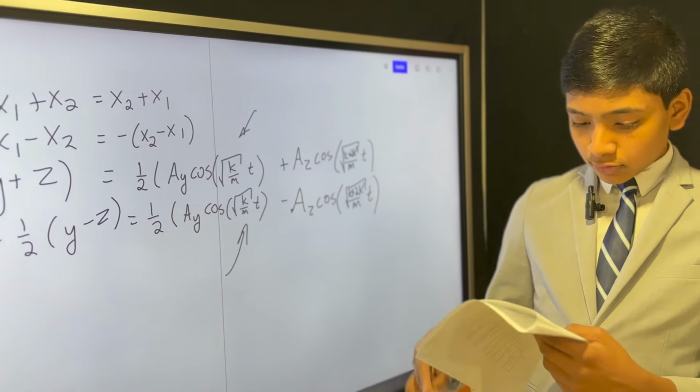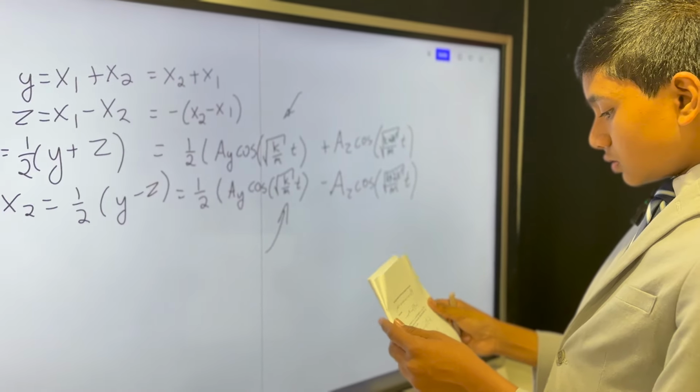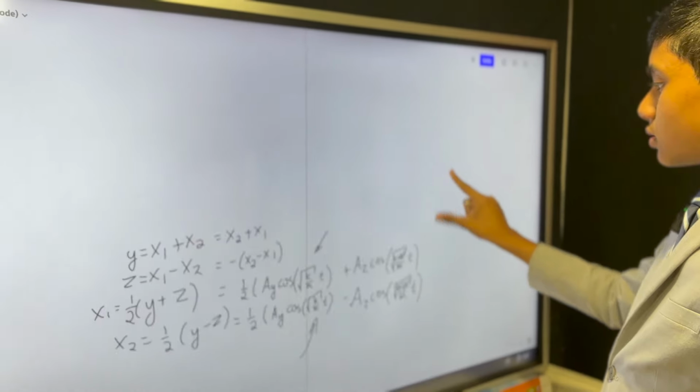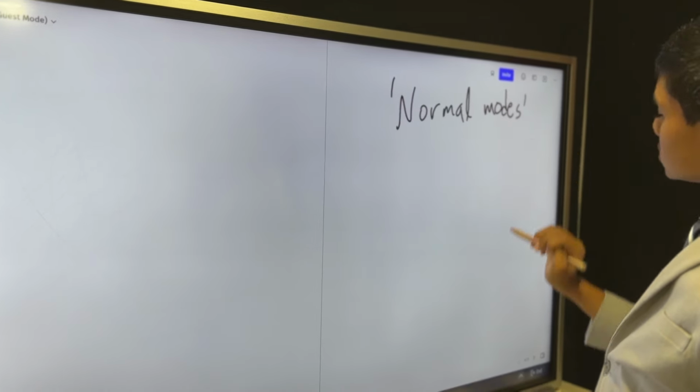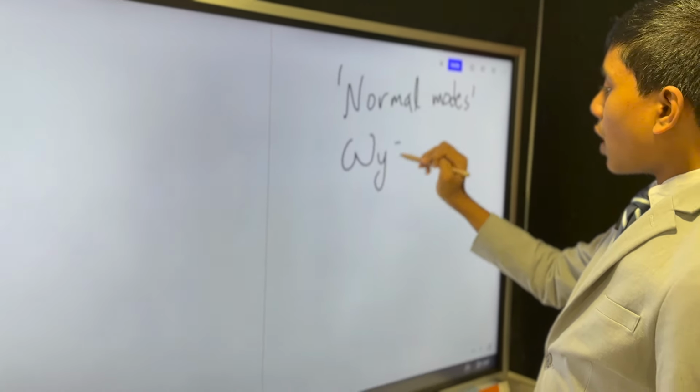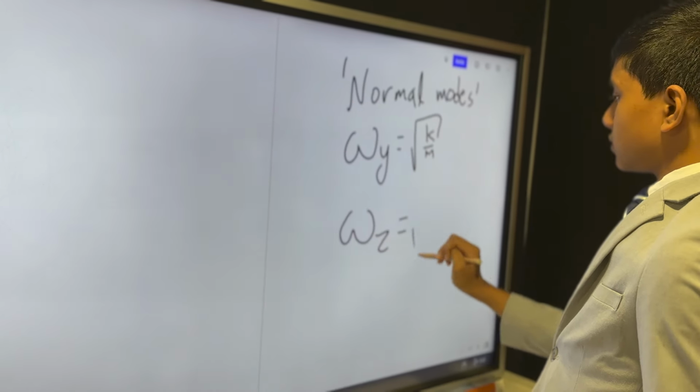So let me look in my notes really quickly. All right. So what we call normal modes are the two solutions we found for omega y and omega z.